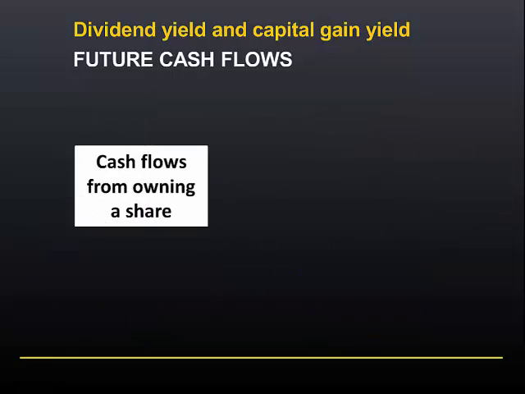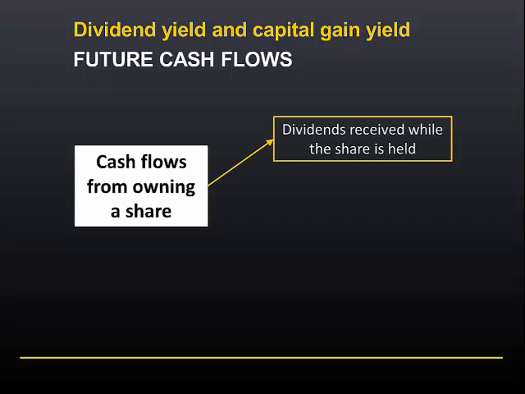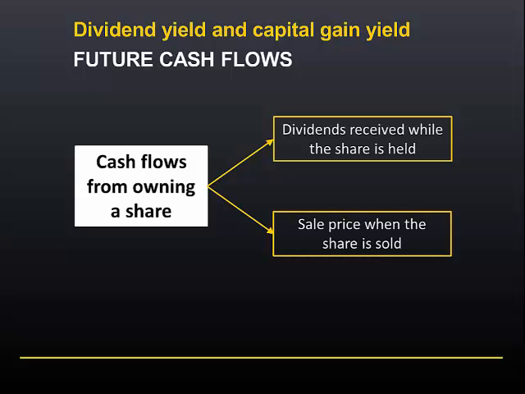Since we know that the value of any financial asset is the present value of the future cash flows, what are the cash flows that we would get from owning a share? One component is the dividends that we receive while we hold the share, and then the other component is the sale price that we get when we sell the share.